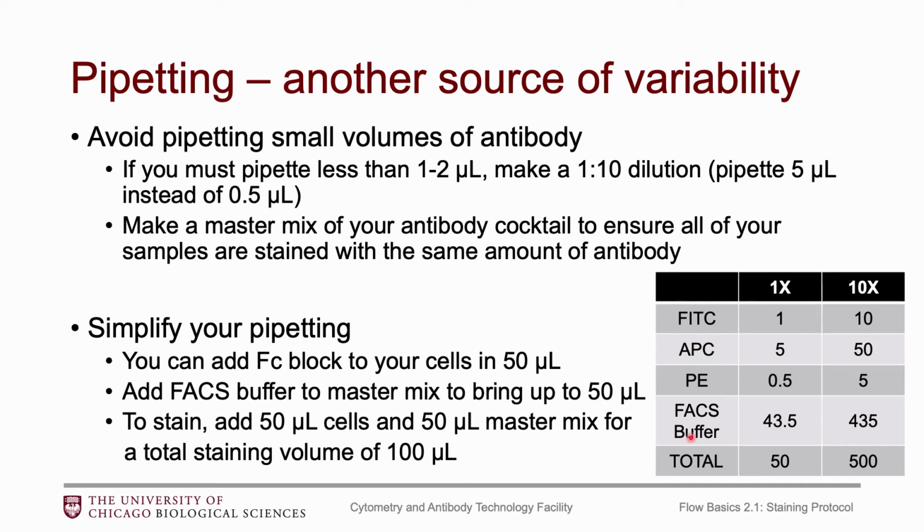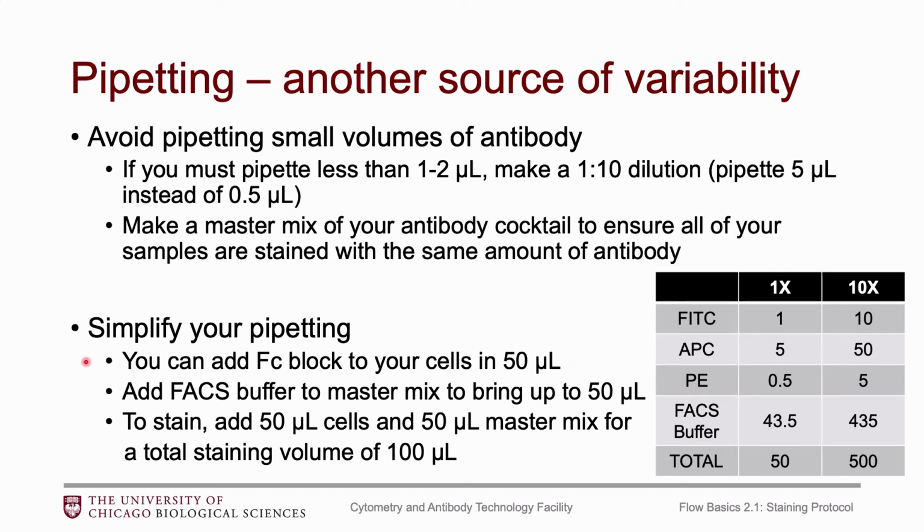So instead of pipetting individual amounts, I'm going to make a cocktail. With 8 samples, I'll make enough for 10 just to account for some error in pipetting. So I would add these volumes together to get a total of 500 microliters, and now I can take 50 microliters from this master mix cocktail of antibodies.